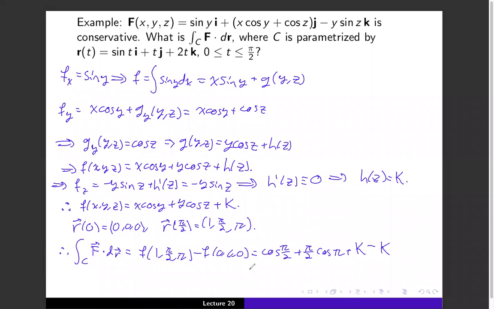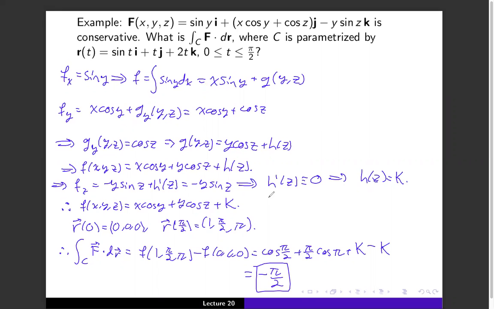Cosine pi over 2 is 0. Cosine pi is negative 1. This whole thing comes out to negative pi over 2. And I submit to the jury that that is an easier thing to do than going through the whole integration by parts mess and using substitutions of the various cosines and things like that. This, I think, is a little bit slicker.